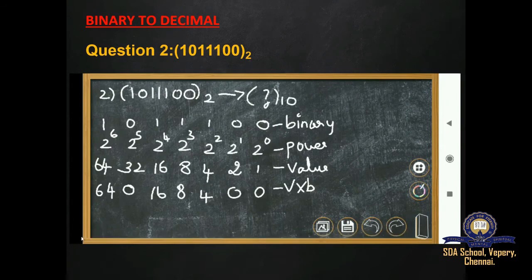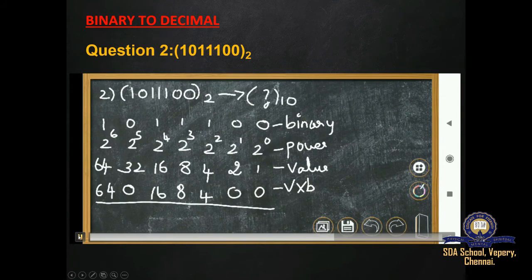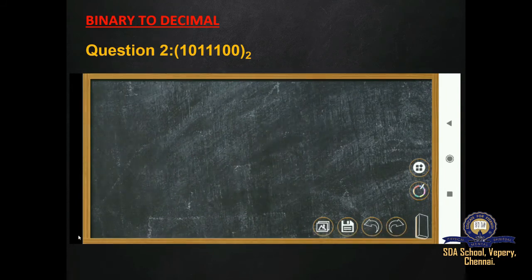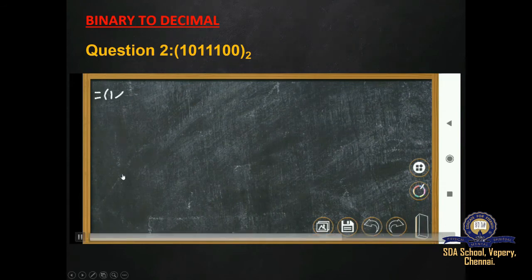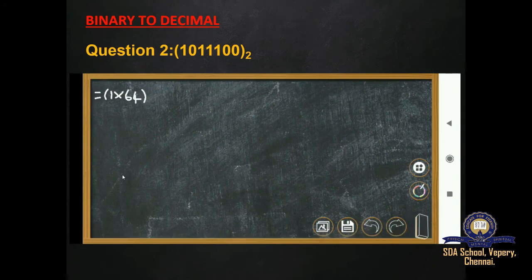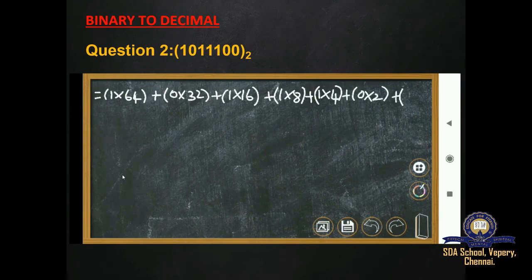Don't be confused. 1 into 64 plus 0 into 32 plus 1 into 16 plus 1 into 8 plus 1 into 4 plus 0 into 2 plus 0 into 1.